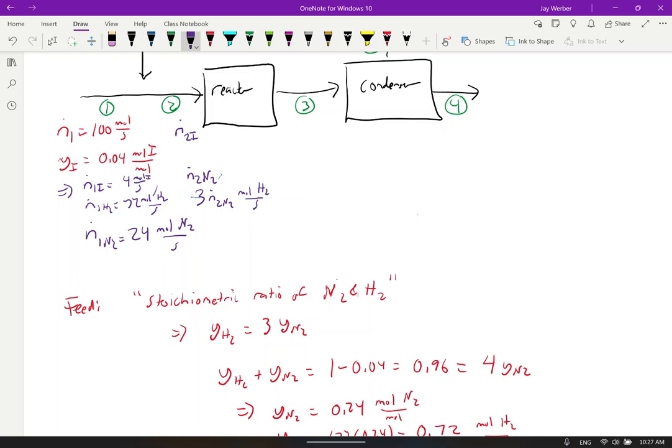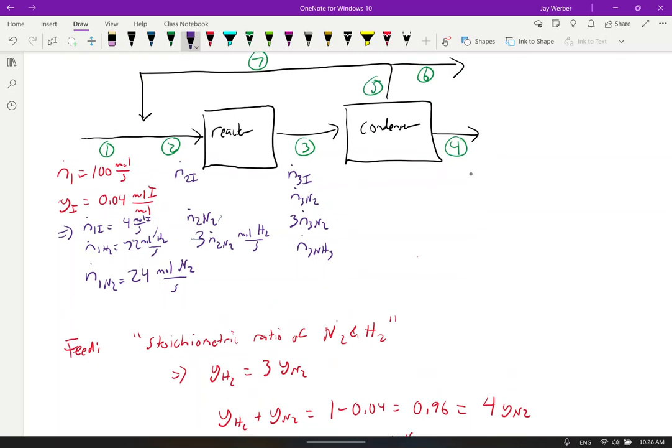And are there any other species? We should only really have inerts, hydrogen, nitrogen, and ammonia there. Great. And so then coming out stream 3, we have N3I, N3N2, and then the amount of ammonia coming out. Great.